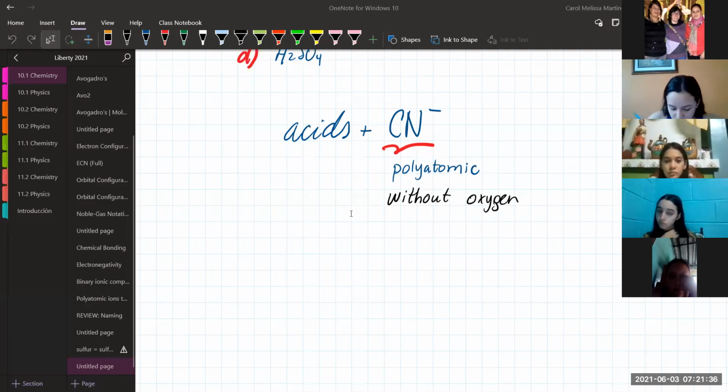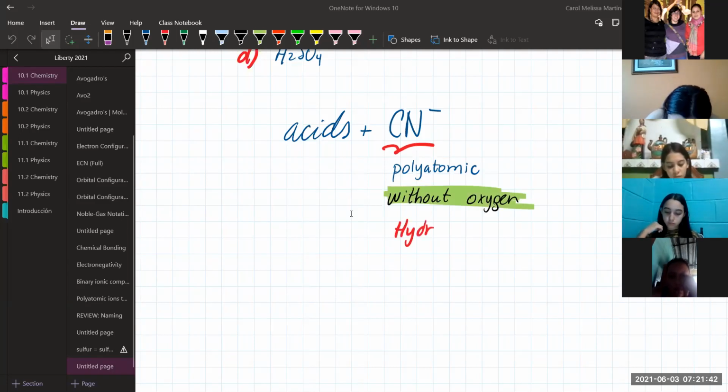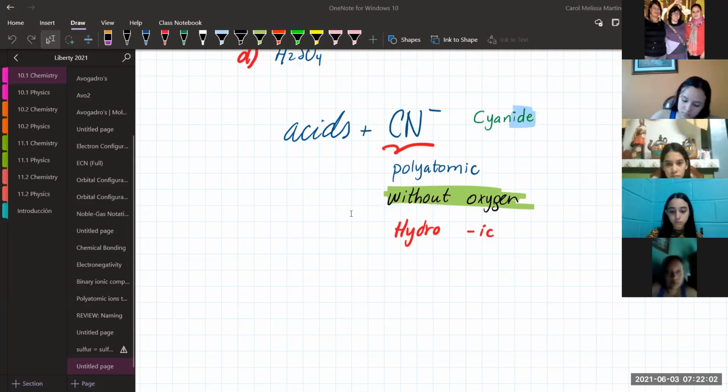The rule says that we need to use hydro. If you're going to be using hydro, it means that the polyatomic ion ends in IDE, just like cyanide. Cyanide ends in IDE. So the rule applies the same way.